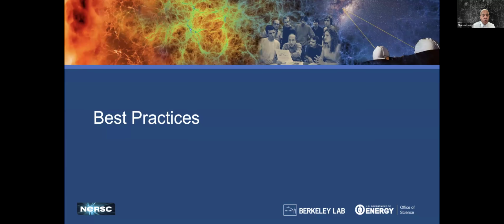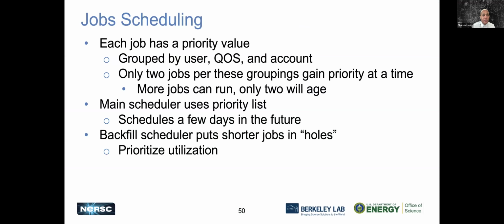All right, and so some best practices to consider with job scheduling. You want to consider, of course, all of the factors that come into play. Make sure you use a good priority value for those considerations. Only 2 jobs per those groupings can gain priority at a time.